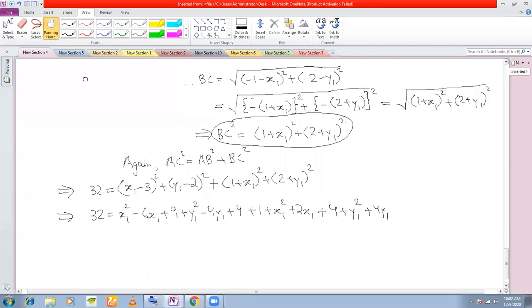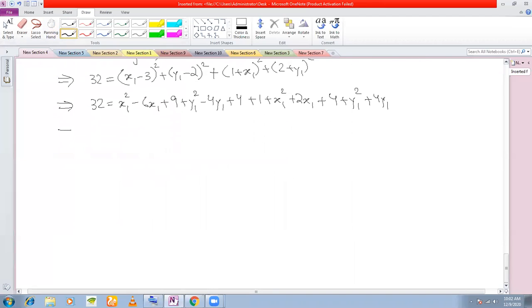Okay, that means 32 is equal to, now you have got 2x1 square, so this becomes 2x1 square. You have got 2y1 squares, so this combines to become 2y1 squares. Okay, you have got a minus 6x1 here and you have got a plus 2x1 here, so they combine to give you a minus 4x1, right?